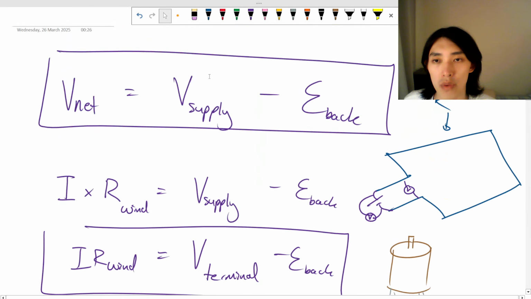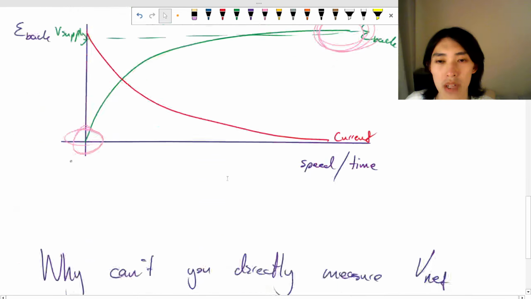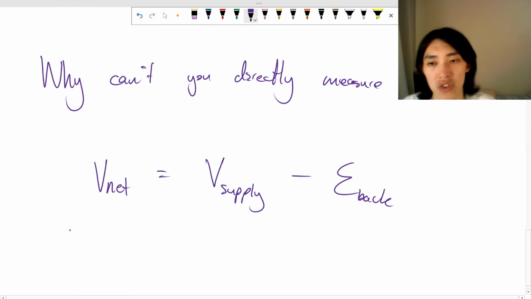If we quickly go up and grab that equation again, why can't we directly measure this?